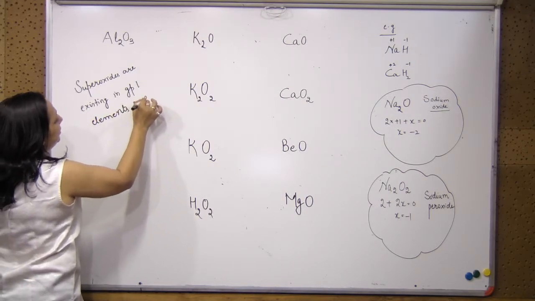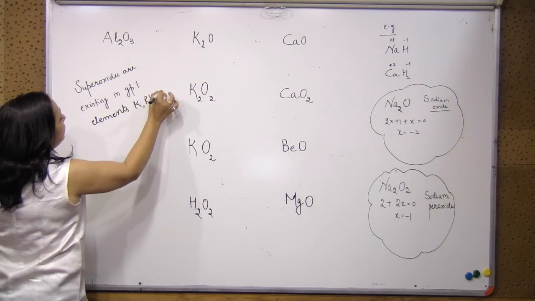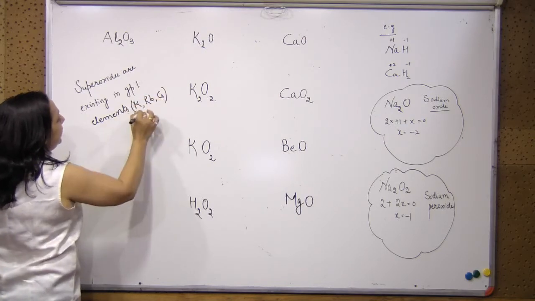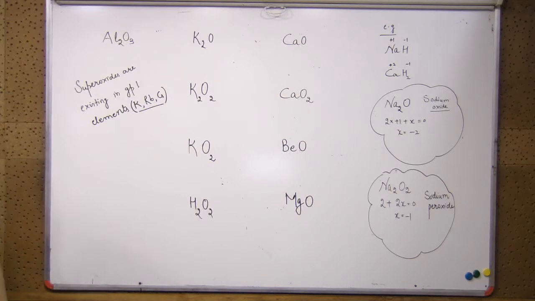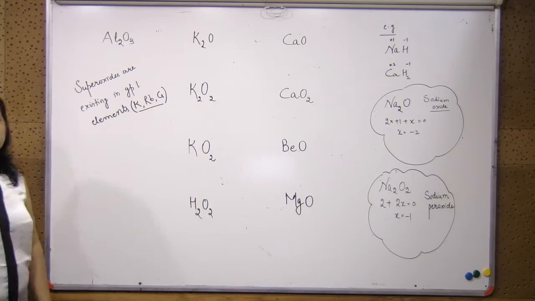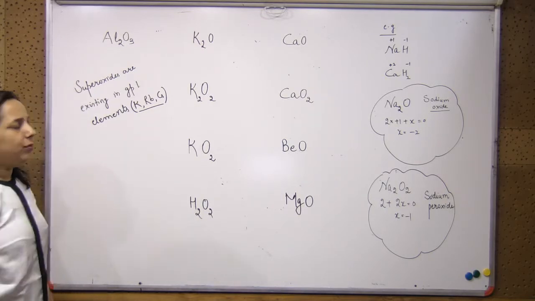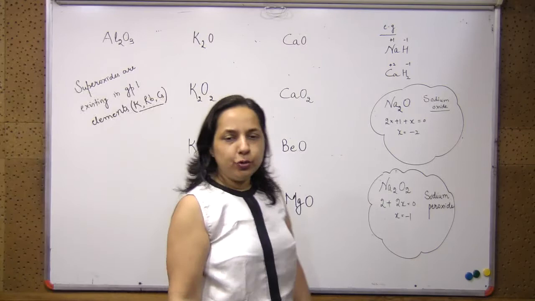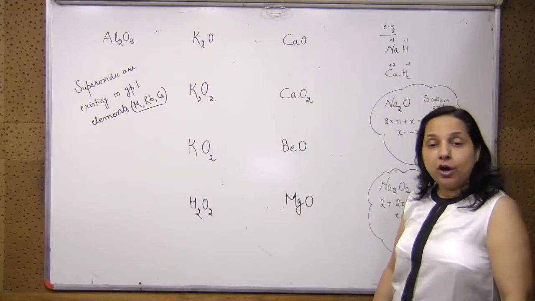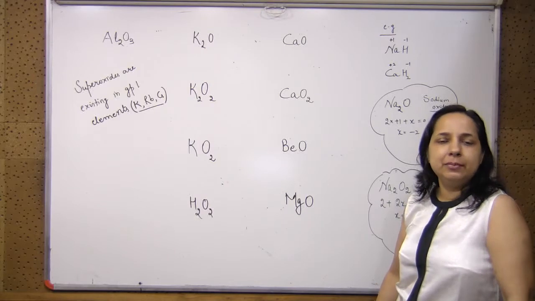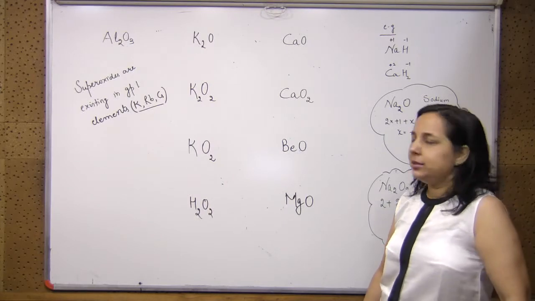Potassium, rubidium and cesium. These 3 elements can form superoxides. It means the concept of superoxide is very rare, and you just remember 3 elements, 3 superoxides: potassium superoxide, rubidium superoxide and cesium superoxide. It means now the major confusion is between oxides and peroxides. Let's check.